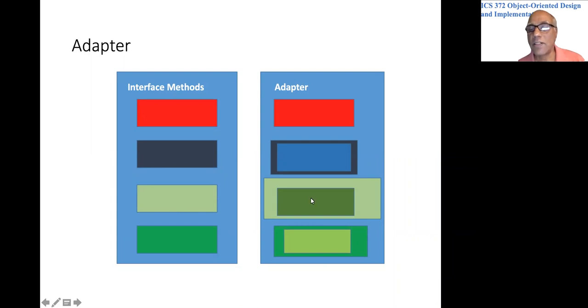So this dark green functionality is modified in some way to provide this light green functionality. Similarly here and here. The red functionality, I don't have to touch. That is the principle. So we will see an example in another video.